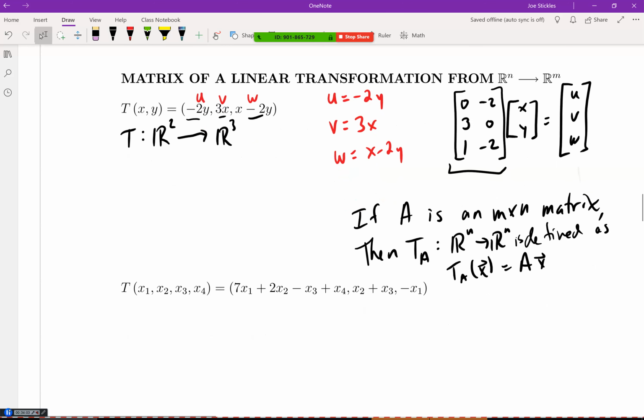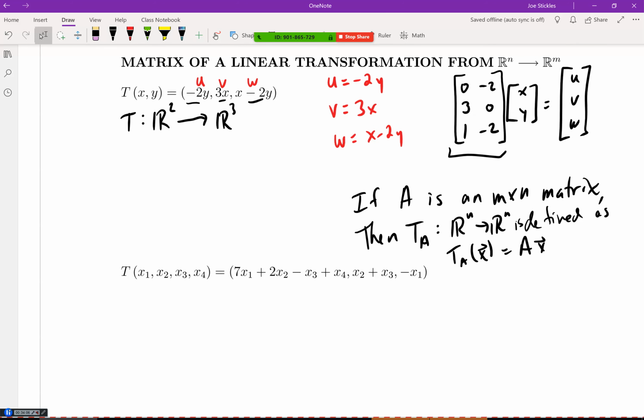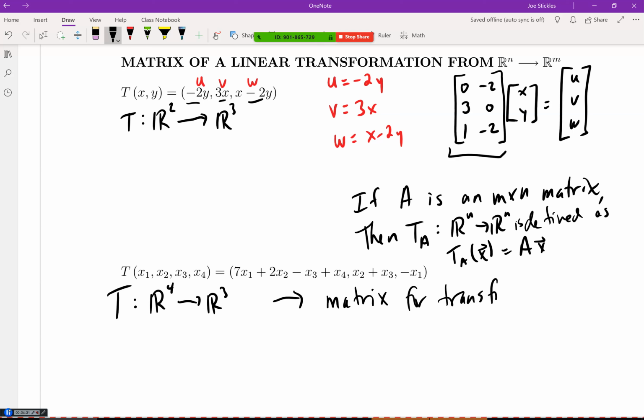Okay, so let's look at the second one. The first thing we notice is that the transformation goes from R4, because there are 4 inputs, to R3, because there are 3 outputs. So this tells us that the matrix for the transformation is going to be 3 by 4.